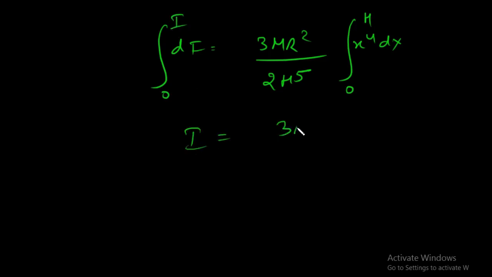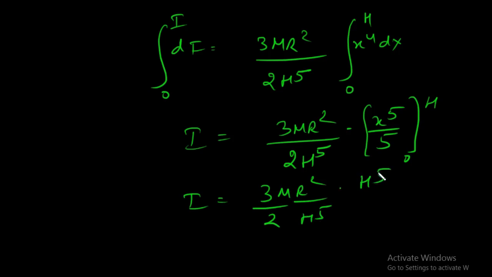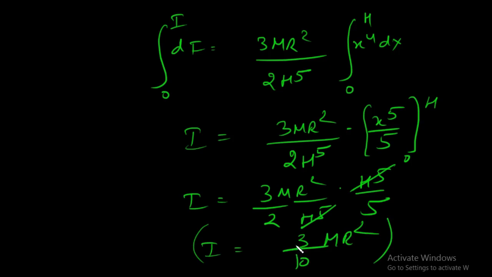I would be equal to 3m R square by 2h to the power 5 times x to the power 5 by 5, from 0 to h. So I is 3 by 2 m R square by h to the power 5 times h to the power 5 by 5. This will cancel out, so I is 3 divided by 10 m R square. This is the moment of inertia for the cone.